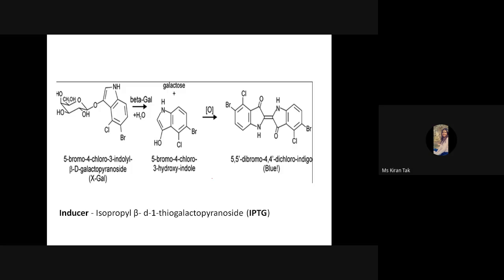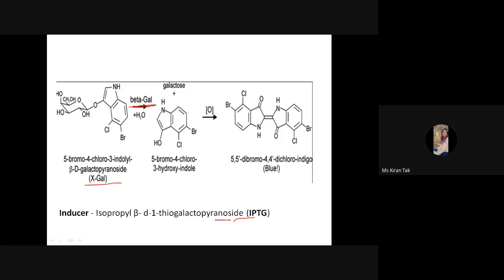So the basic reaction is this: the beta galactosidase enzyme is expressed by the lacZ gene when the inducer and the substrate are there. The inducer is isopropyl beta-D-thiogalactopyranoside, IPTG.